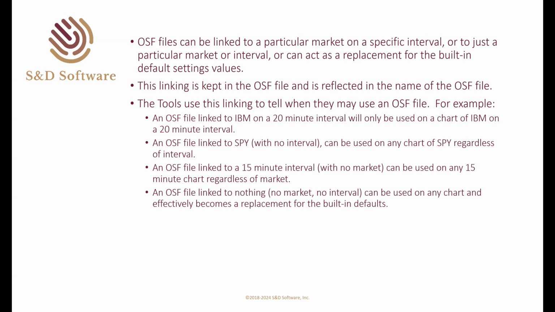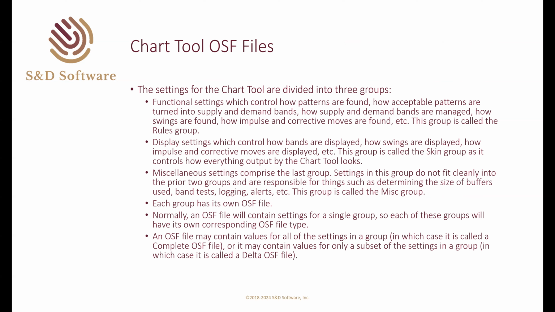So let's start by looking at the OSF files for the chart tool. Now, the chart tool has a lot of settings, but those settings end up being divided into three groups.